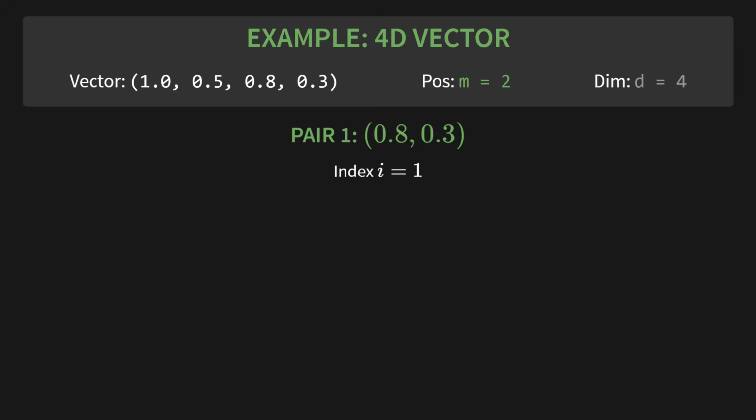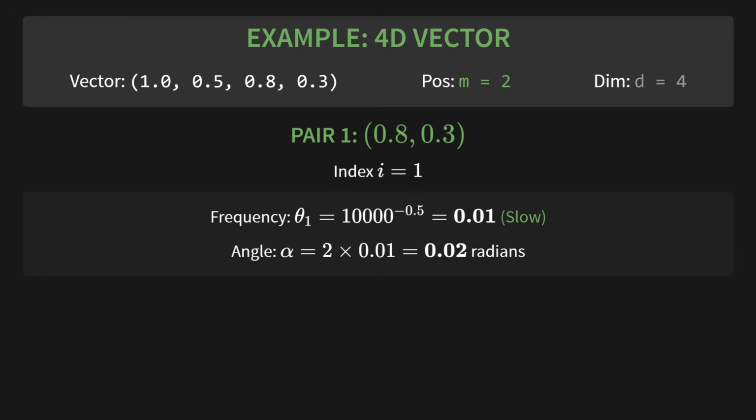The frequency, theta 1, is 10,000 to the power of negative 0.5, which comes out to a tiny 0.01. This is our slow rotator. The angle is position 2 times 0.01, which is just 0.02 radians, a very small angle.